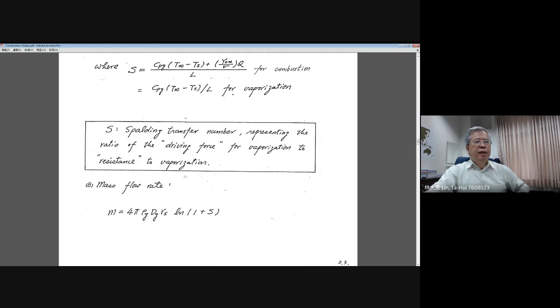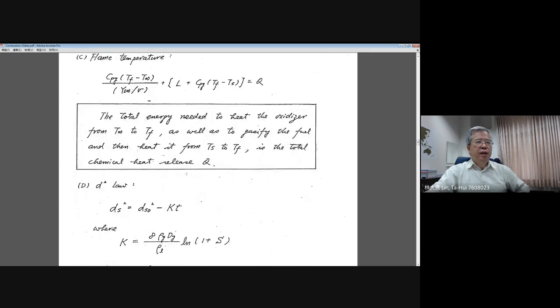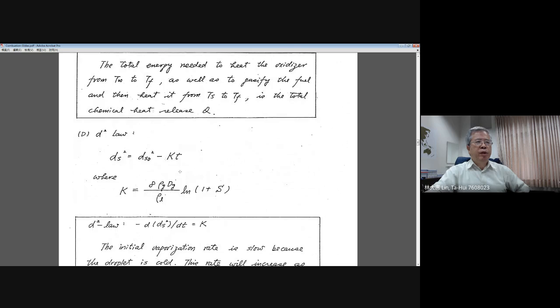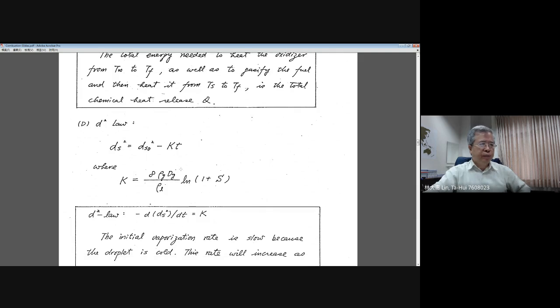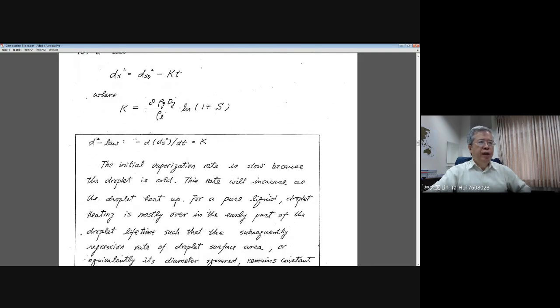Usually if K is large, that means the droplet lifetime will be short. And then if you plot D square versus time, you will see there is a linear line, and K will be the slope of the line. I will show you later. Here this tells you the evaporation rate.